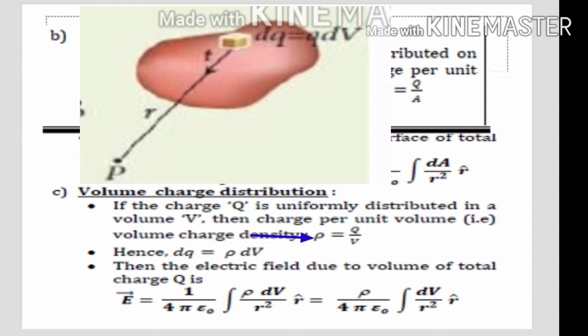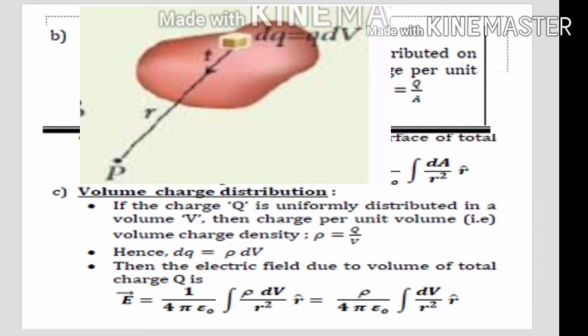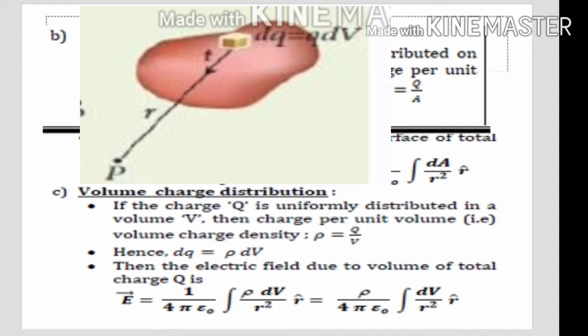Let us imagine the object is divided into n number of portions. Let dq be the charge of each portion and dV be the volume of each portion. In that case, the volume charge density of the object can be written as rho is equal to dq by dV. From that equation, this equation comes such that dq is equal to rho into dV.